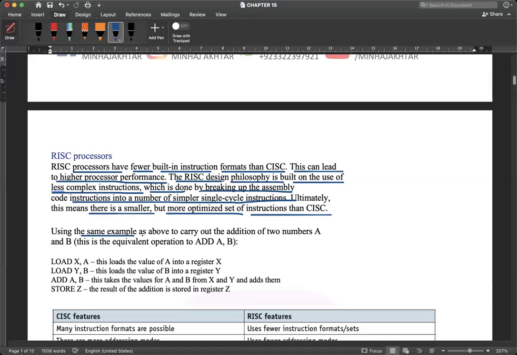Using the same example, I have to carry out the addition of two numbers, A and B. So this is an equivalent operation to ADD A, B. Remember this instruction of CISC, right? It is just a single code.